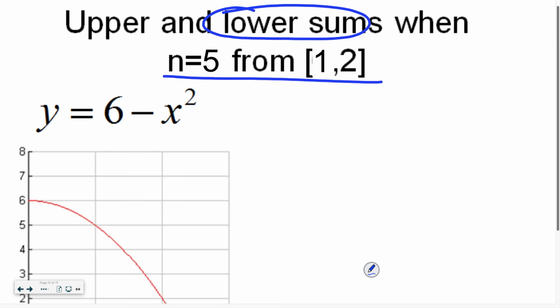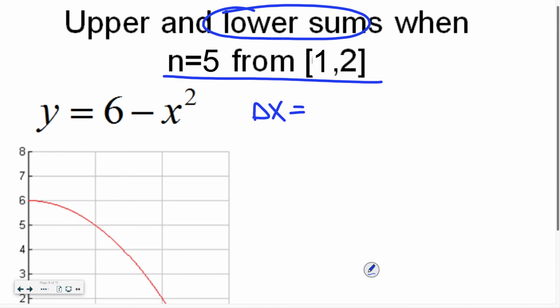Well, n is 5. They give that to us. Go ahead and calculate for me delta x. Once you get things written down that you need, calculate what delta x would be. Brayden, how do we calculate delta x?